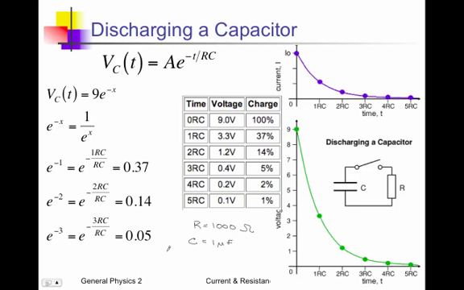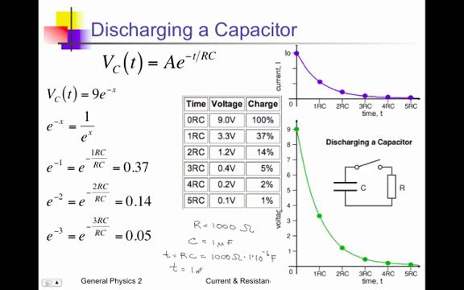So let's say I want to know what the time is to be at 37% of my maximum value. To be at 37%, I need e to the negative 1, and so for e to the negative 1, that means my t is going to equal R times C. And I can find the time is 1,000 ohms times 1 times 10 to the minus 6 farads.